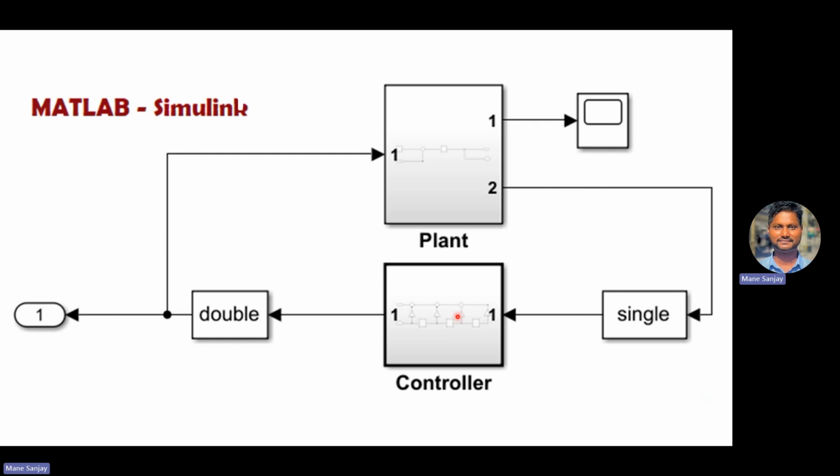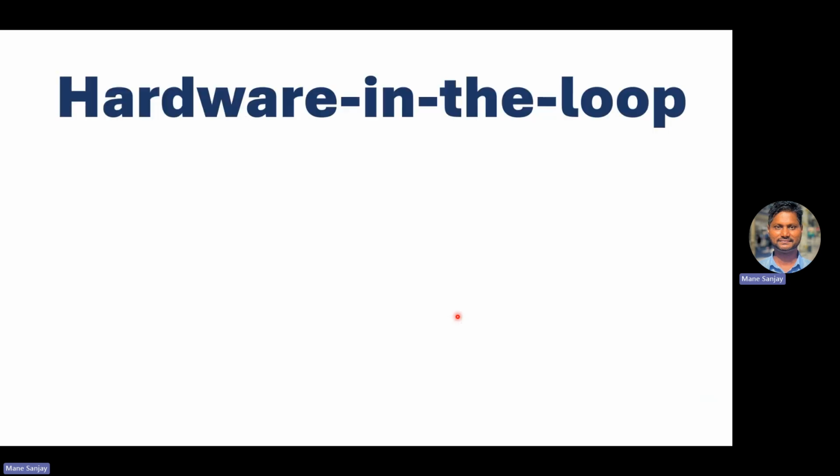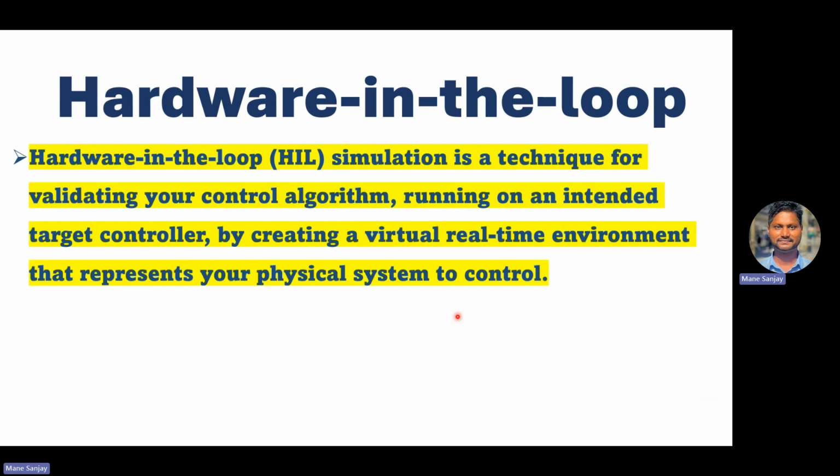Now we are jumping into the next topic, that is hardware-in-the-loop simulation or hardware-in-the-loop testing method. Hardware-in-the-loop simulation is the technique for validating your control algorithm running on an intended target controller by creating a virtual real-time environment that represents your physical system to control.